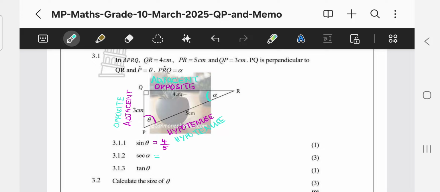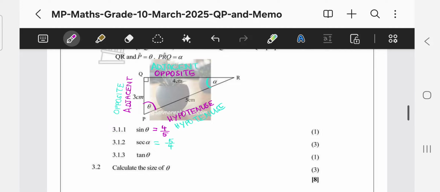So if we think about it, sec is the reciprocal of cos. Cos is normally adjacent over hypotenuse, so sec is going to be hypotenuse over adjacent. In terms of alpha, hypotenuse is 5 and adjacent is 4. So that is going to be 5 over 4.